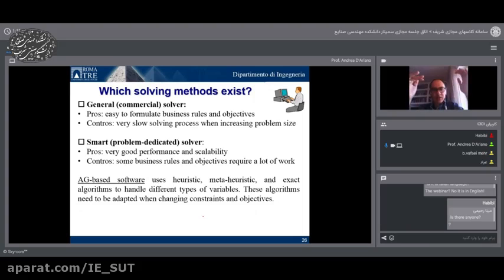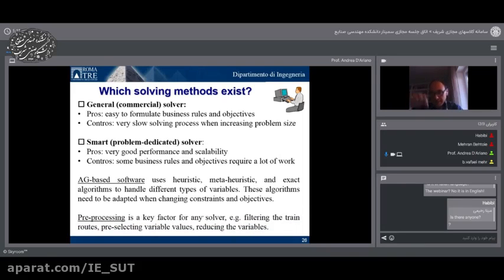So the routing is the most complex. When we deal with the routing variables, we will go with heuristics. When we deal with the timing and sequencing variables, we might develop exact methods. And this also depends not only on the type of variables, but also on the type of constraints and objectives that are involved.